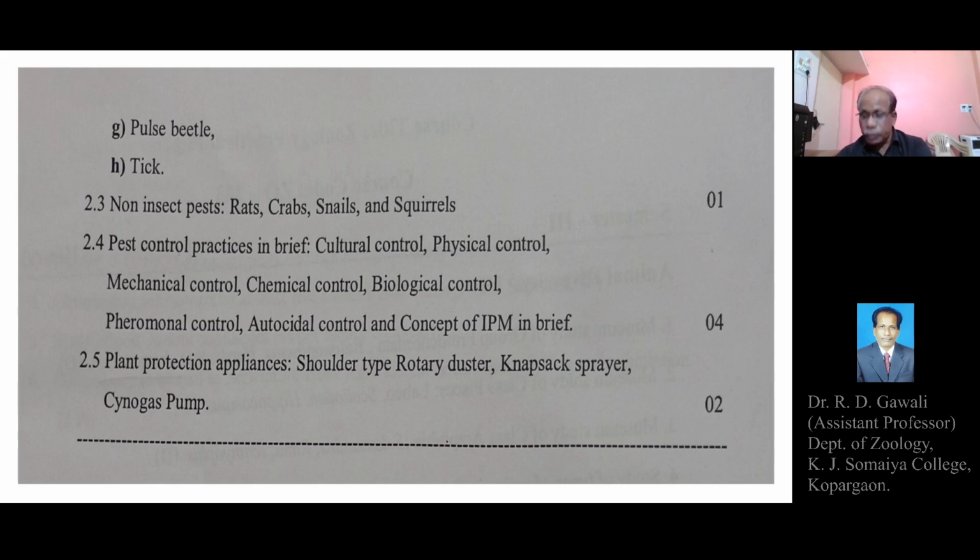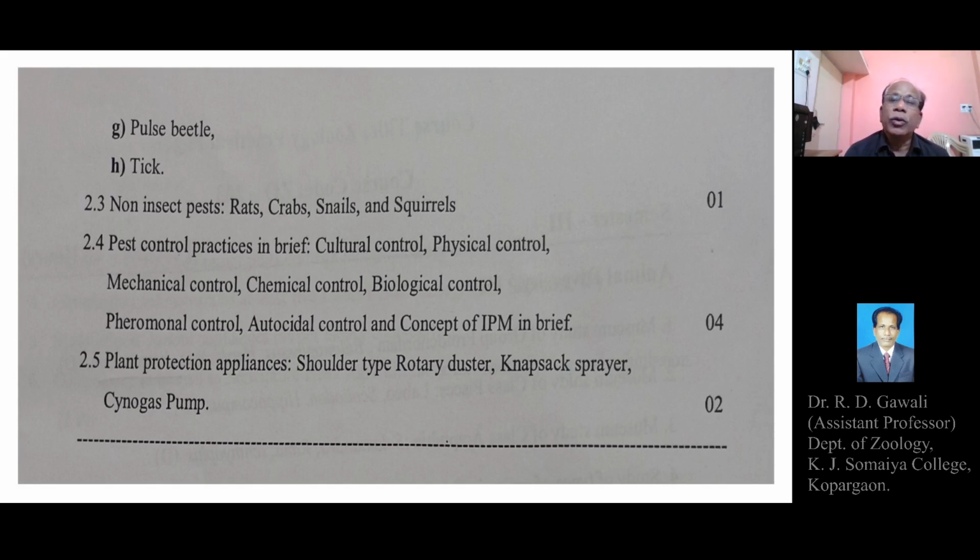Biological control, where we intentionally use the natural enemies of the pest in the field, which can feed upon these pests, and ultimately the pest could be controlled by using the natural enemies of the pest organisms.